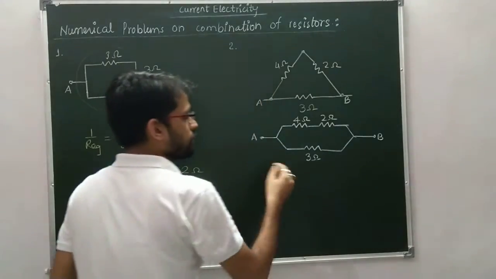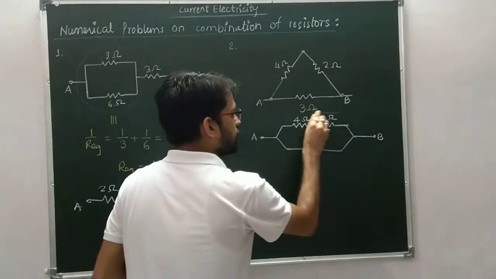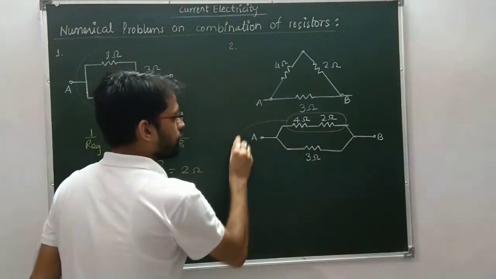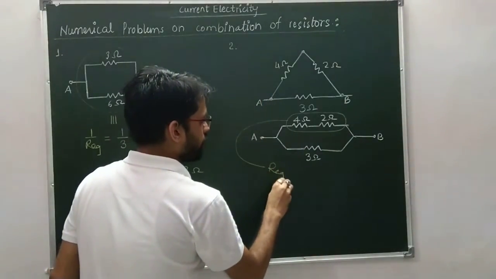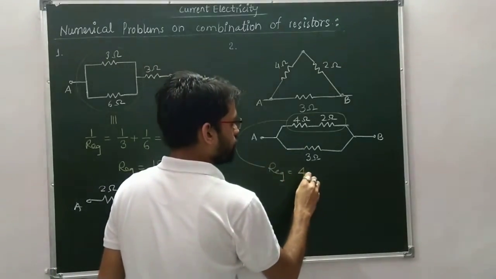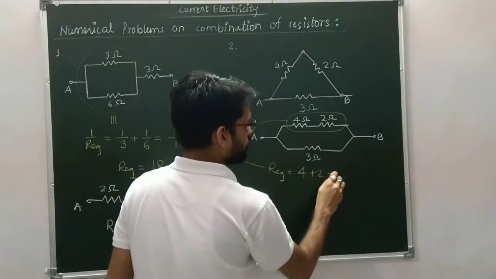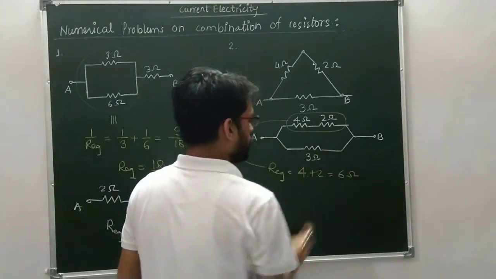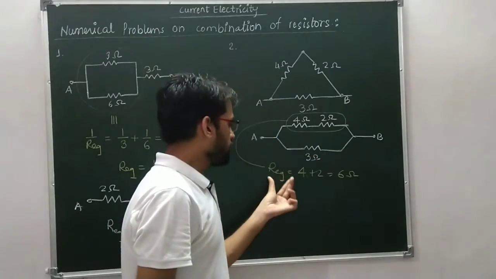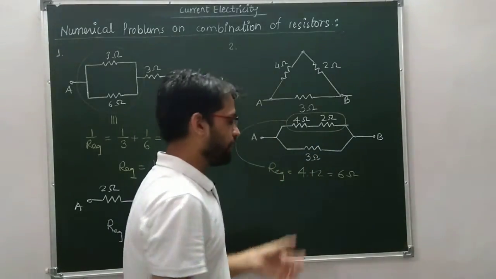So first find the equivalent resistance of this series combination. Here the equivalent resistance of the series combination is R1 plus R2, that is 4 ohm plus 2 ohm, which is 6 ohm. Now we can replace these two resistors by a single resistor, that is Req.